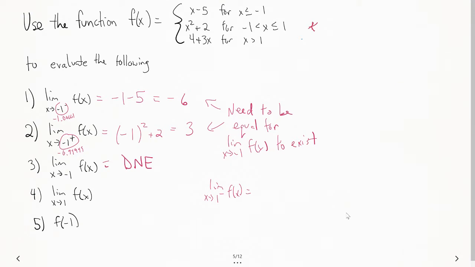And so that would be 1 squared plus 2, which equals 3. And then we'll also need the limit as x approaches 1 from the right of f of x, which in that case we will be down to our third scenario, which is equal to 4 plus 3 times 1, which equals 7.